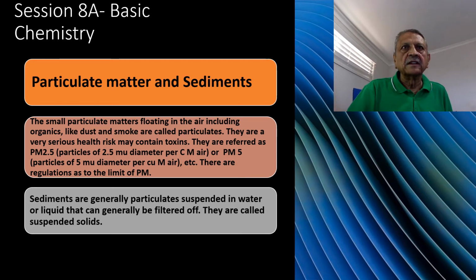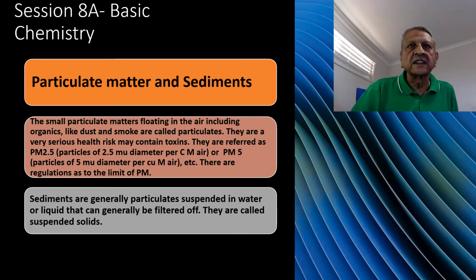When we talk of particulate matter, we are discussing the particulate matter in the air, which are actually small particles that float in the air, and these particles are very, very tiny organics like dust, smoke, and all these things are called particulates. They are very serious health risk and may contain toxins.